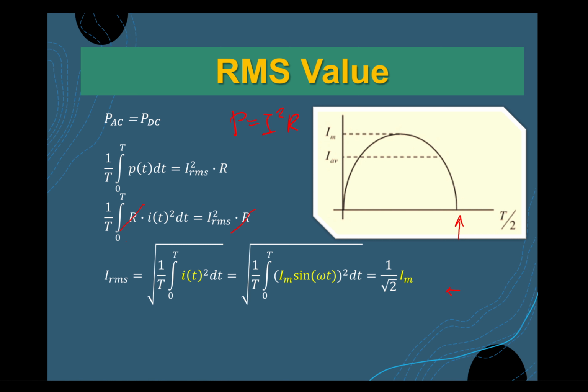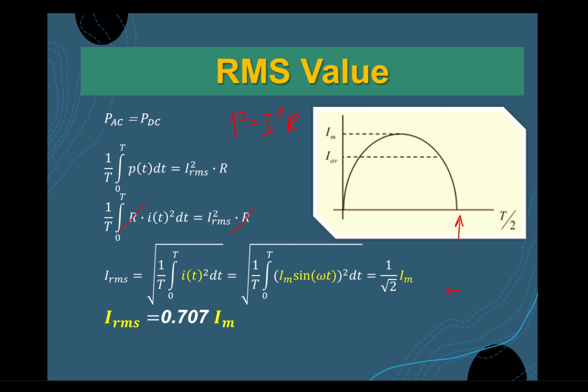But the result of this integration is 1 over square root of 2 Im. Then IRMS is equal to 0.707 times the magnitude of the current in the sinusoid.